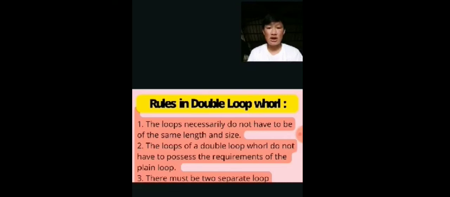The second is the loops of a double loop whorl do not have to possess the requirements of the plain loop. So makikita natin na yung itsura ng normal loop at saka yung nasa double loop whorl ay magkaiba talaga.